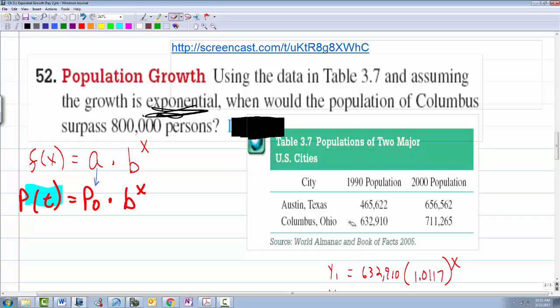So I'm going to make this a coordinate in my head. I can take this table and say, okay, I'll take 1990 as year 0. And then any negative years would just represent years before 1990. So you could surmise what would the population be in 1980. Then you could plug in negative numbers to find that. That's what you should be able to figure out.